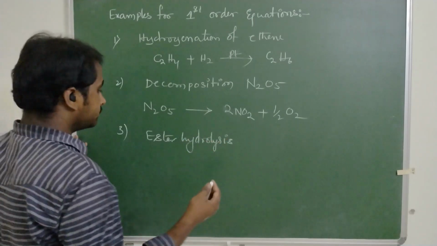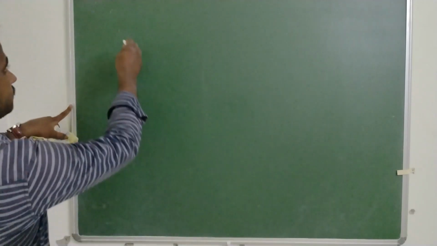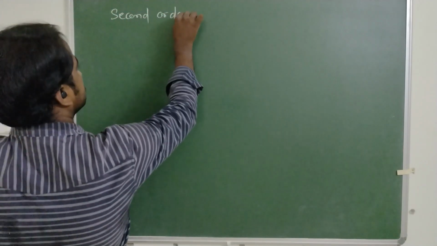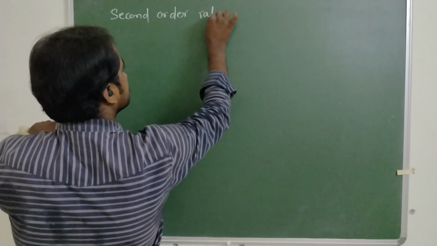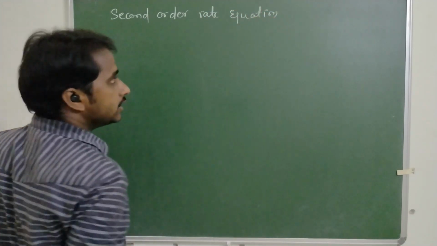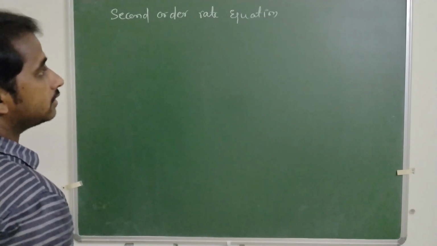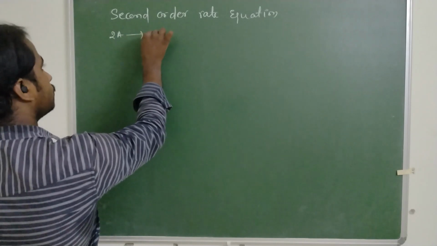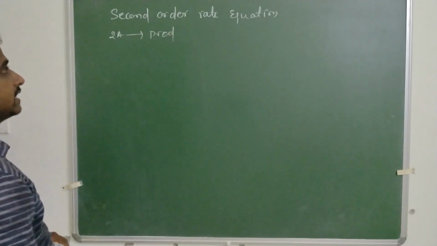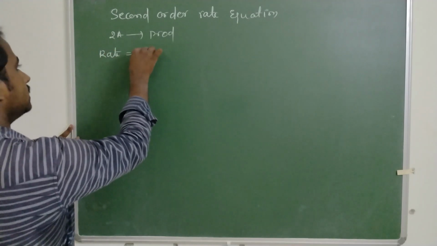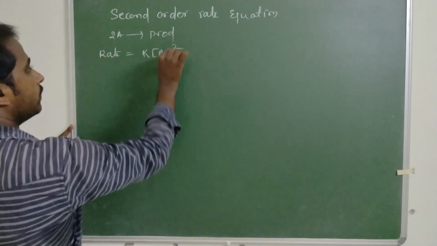Inversion of cane sugar. Next is the second order rate equation. Here the second order can be written in two ways. One is 2A gives rise to products. Now rate is equal to some constant k into A power 2.